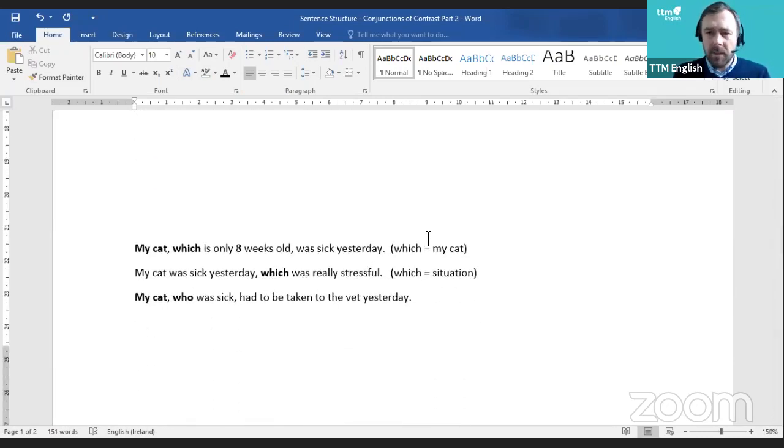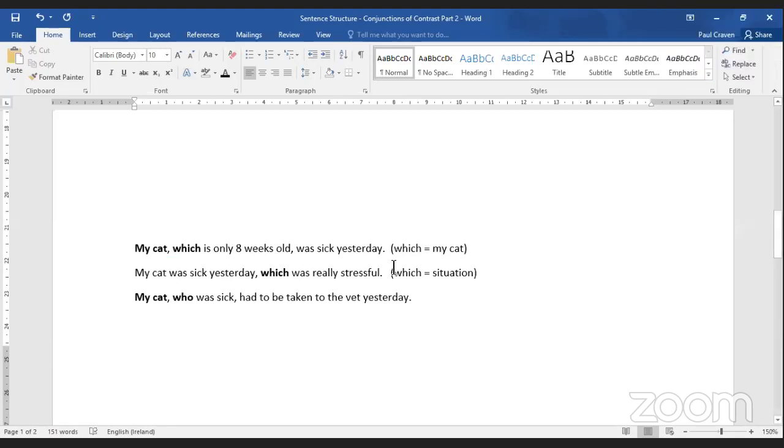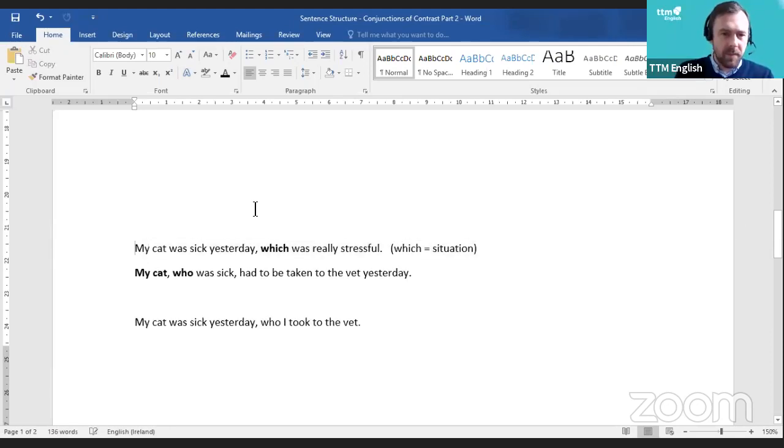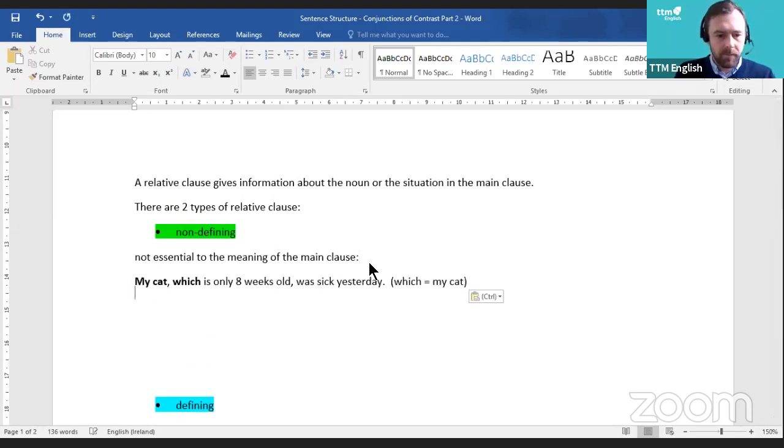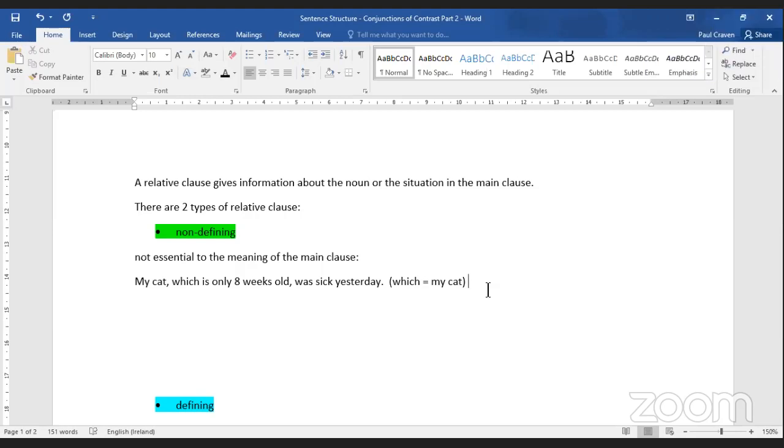Okay, so if we just go and look at this again. Can someone remind me? So Kevin, are you there? Yes, sir. Hi, Kevin. Tell me about this sentence. I'm going to use this as my example of a non-defining clause up here. So we'll put that there. Where is the main clause in that sentence? Any idea? My cat was sick yesterday.